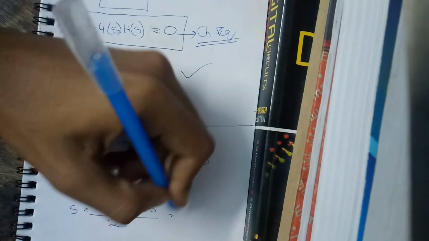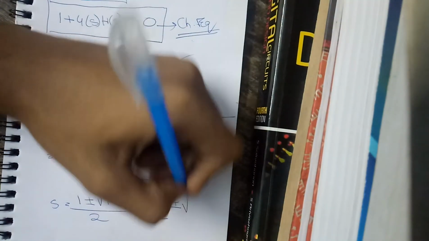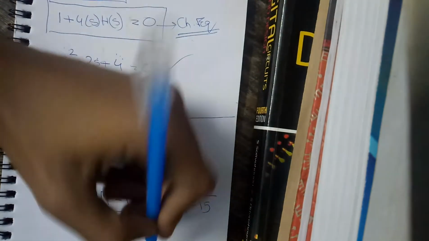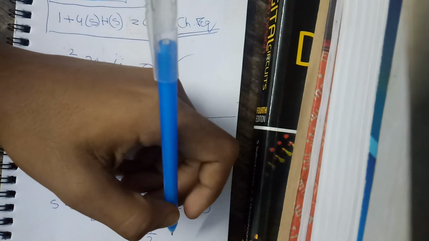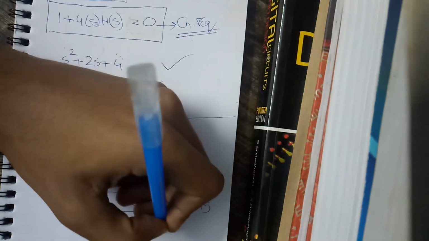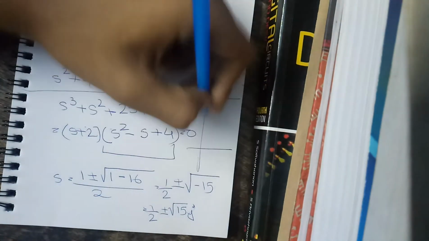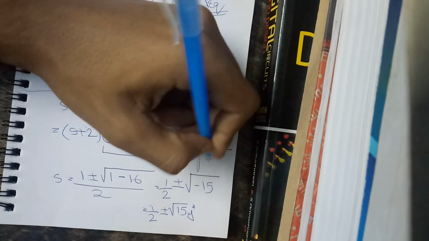So we get half plus minus root minus 15, so that gives half plus minus root 15j. That's what we arrive at. So the poles would be located somewhere at half plus minus root 15j.